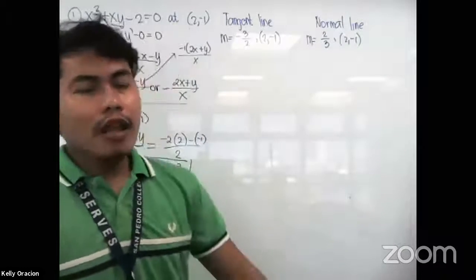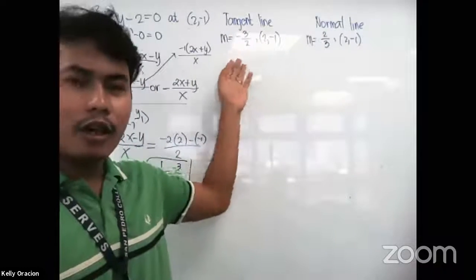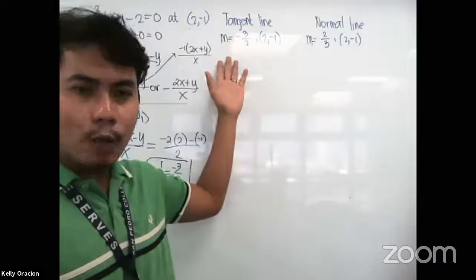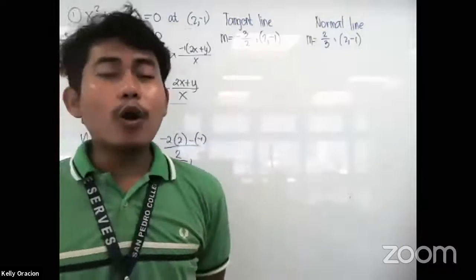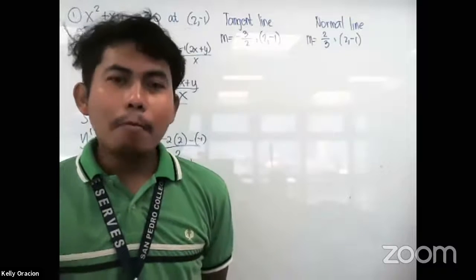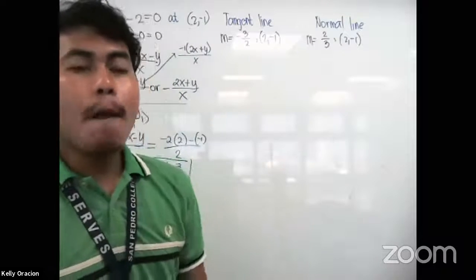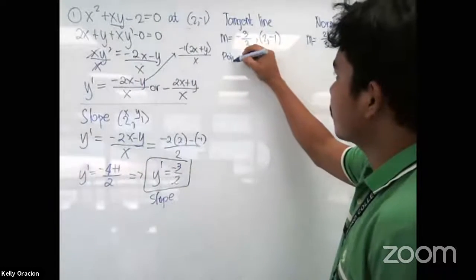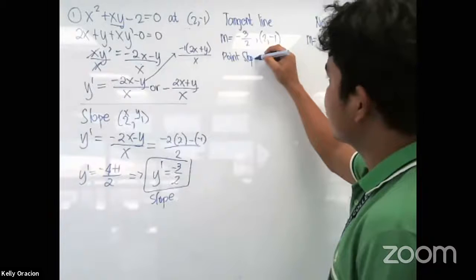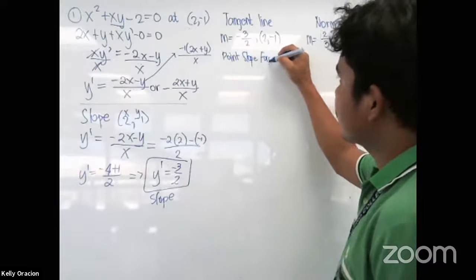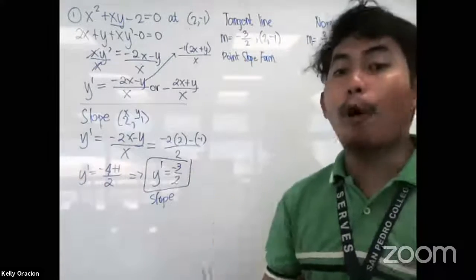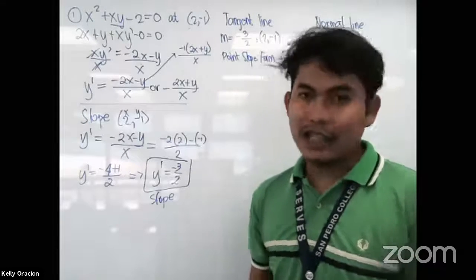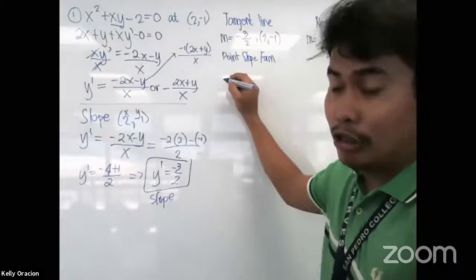Okay? So now, this is the slope and this is the point. So makuha na natin ang equation. Makukuha na natin yung equation by using this form. By using point slope form, we can now find our tangent line and normal line. And what is that point slope form?